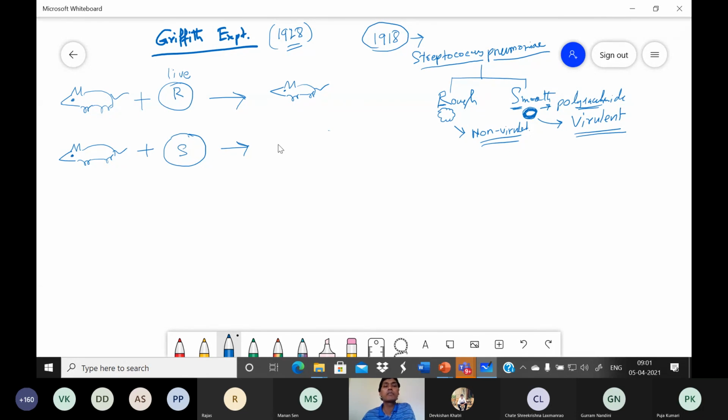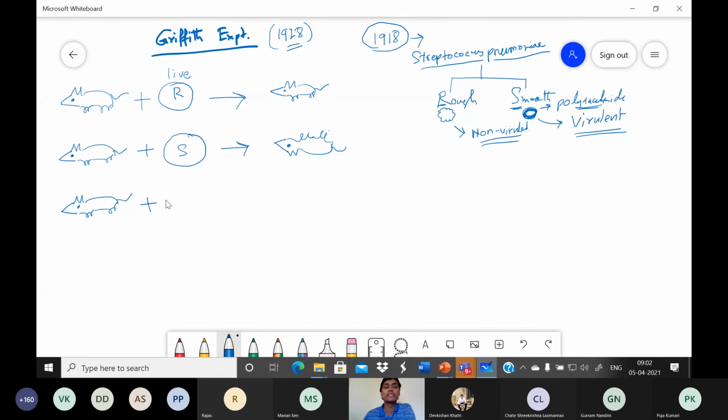Then what will happen? The mouse will die. Yes, die, because the smooth strain is infectious, it's the virulent strain, so the mouse will die. Now the next experiment is also, let me explain, and you should try to answer.